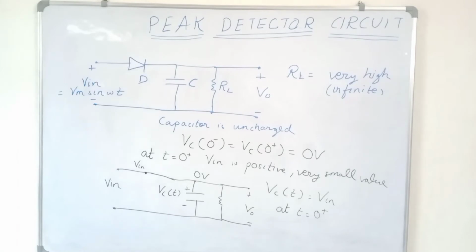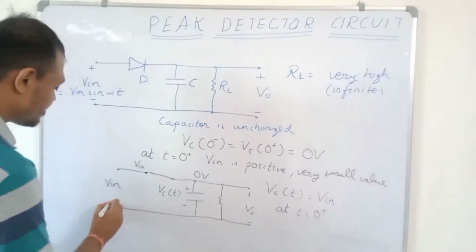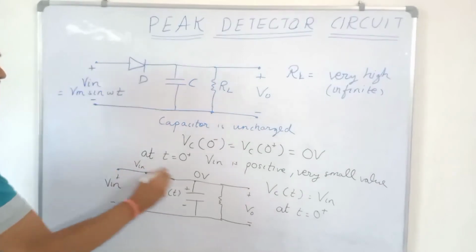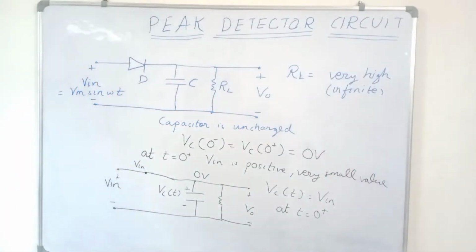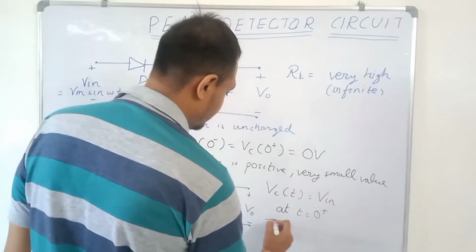Just apply Kirchhoff's voltage law, so Vc(t) will be equal to Vin. This is the case of immediate charging of the capacitor.